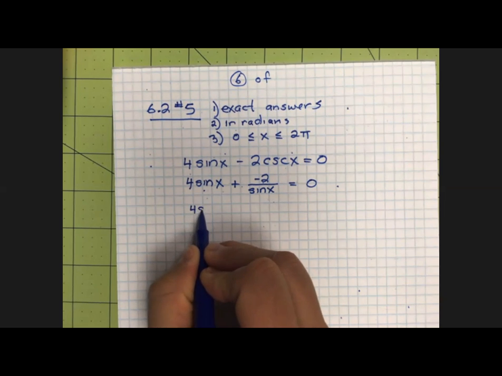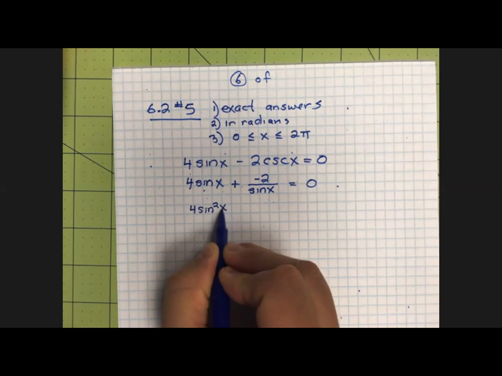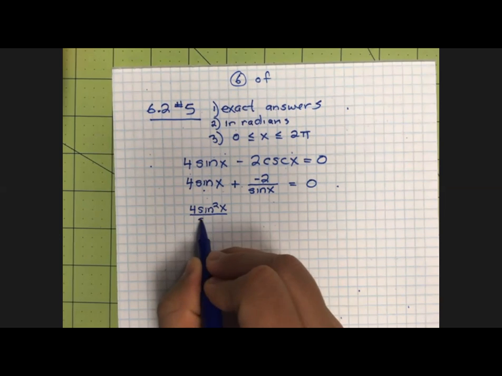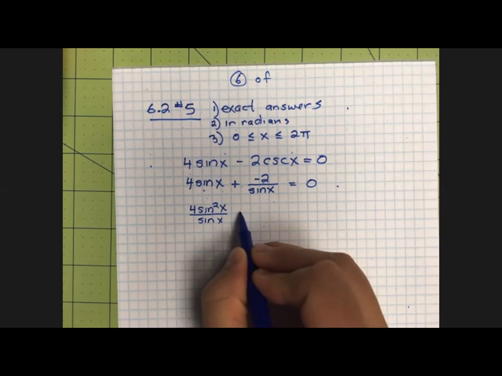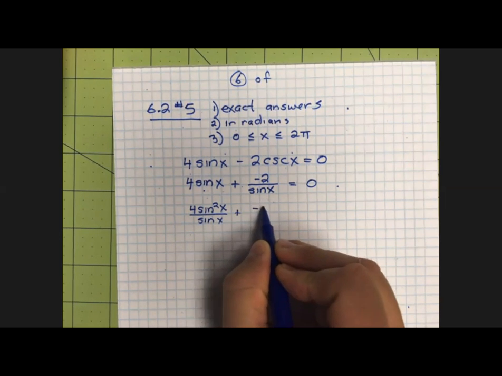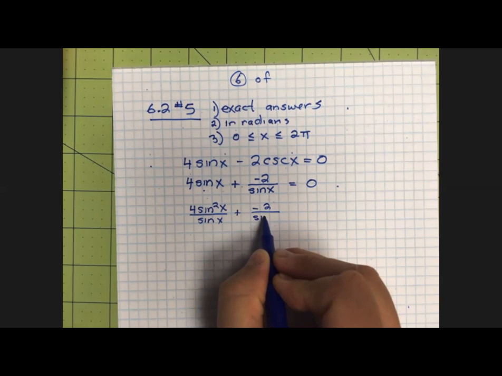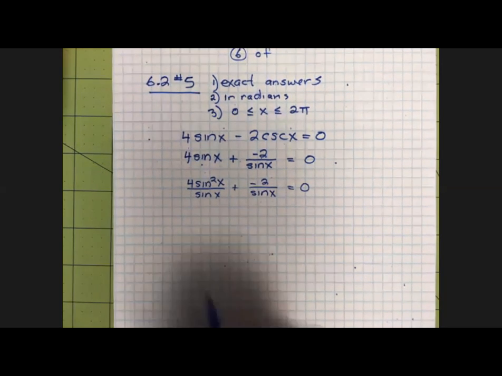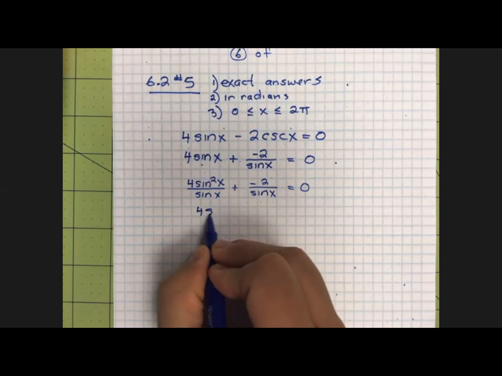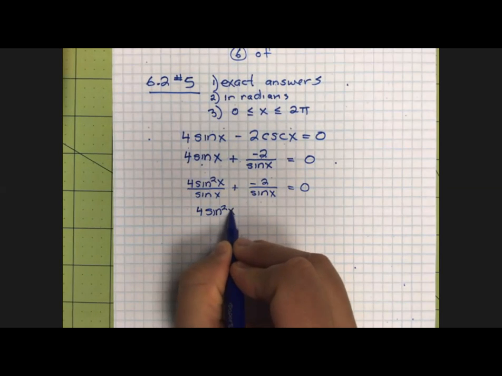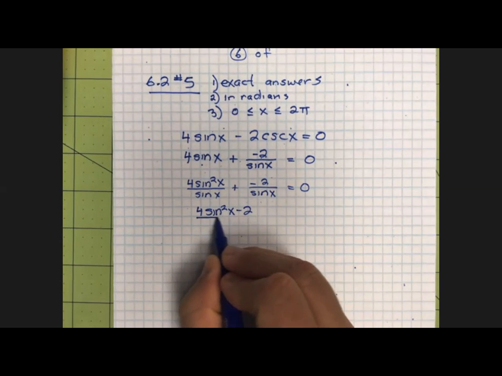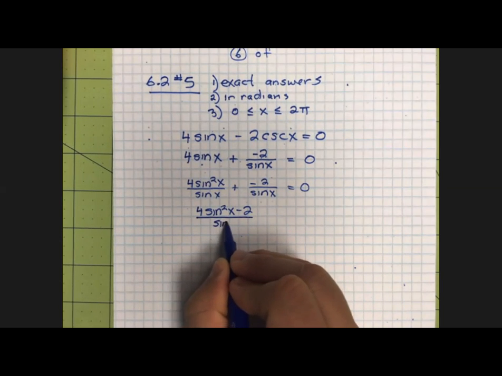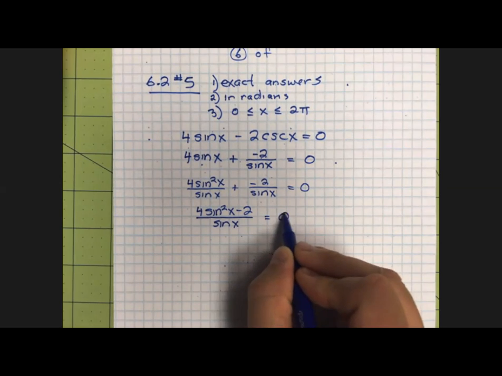So this says 4 sine squared x over sine x. I'm just writing out every step. You can do this faster if you want to. And then you can say 4 sine squared x minus 2 over sine x is 0.